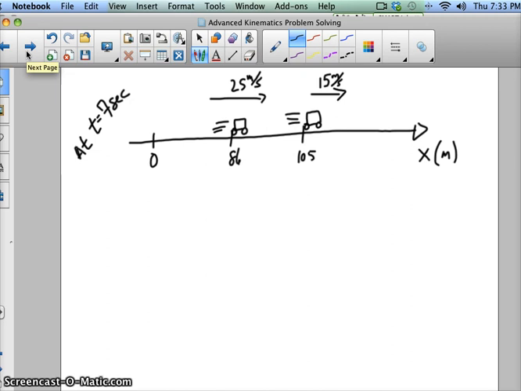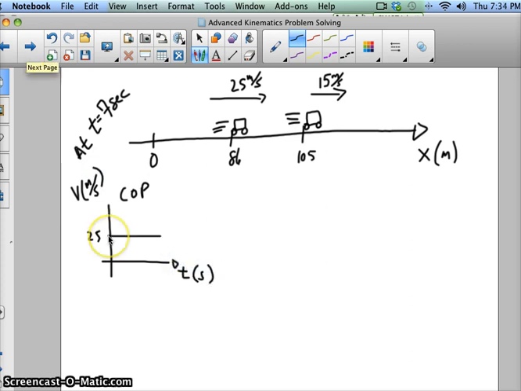At this point, you could take any approach you want. We'll just do a velocity time graph for the cop. The cop is going to go 25. Velocity is in meters per second, and time in seconds, right? So there's the cop's motion.